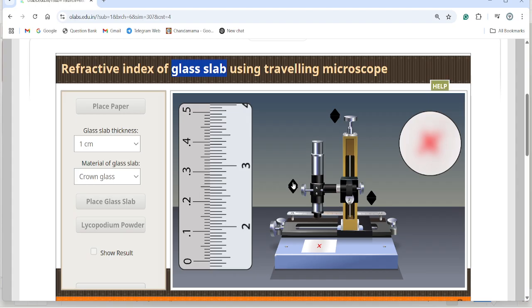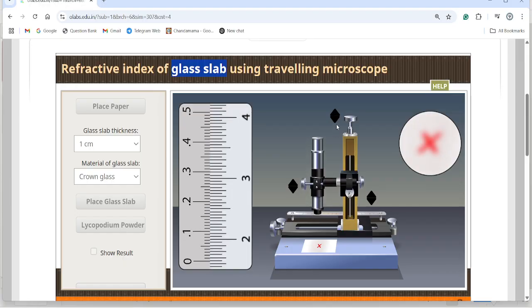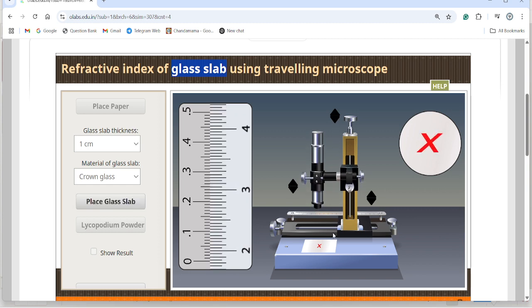So this is out of focus. Whenever the traveling microscope is out of focus, only then do we need to touch this. You need to arrange it by moving this screw, so that the image of the cross mark is very sharp.